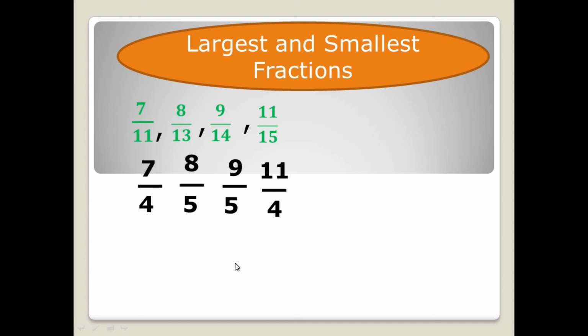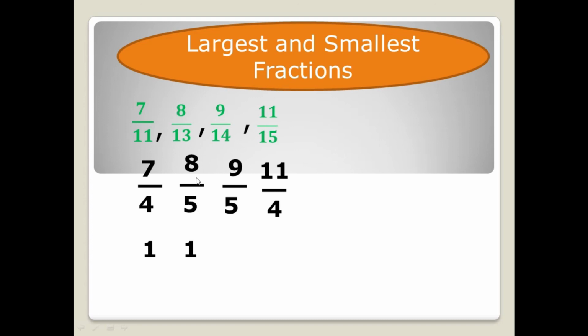The first method is simple division. If you look at the first fraction, 7 by 4, if we divide it, we know that 4 ones are 4 and the remainder will be 3, so you can write 1 and a fraction.